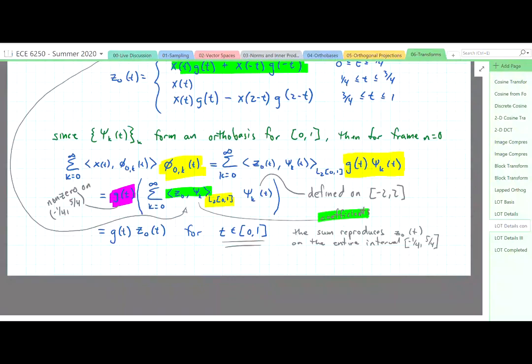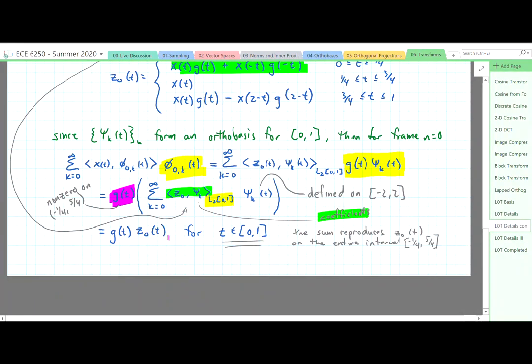Okay. Well, what do we have? We do know, although it's going to be doing some things outside this interval, based on the fact that psi k of t on the interval 0, 1 is an orthobasis, we can state that this large expression is just going to be equal to g of t, because the g comes down from out front, times z naught of t for t between 0 and 1.